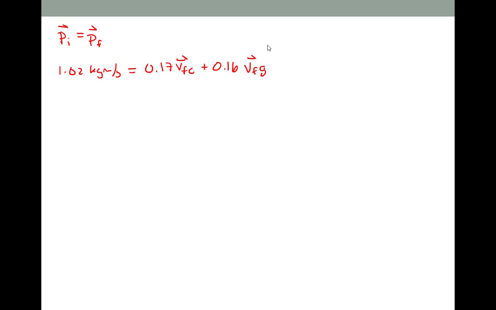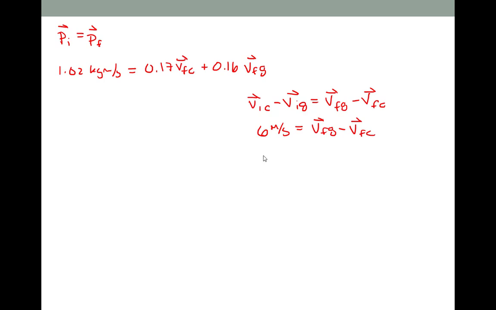And again, I'm to the point where I need my second equation. That second equation will be that the initial velocity of the cue minus the initial velocity of the 8 ball will equal the final velocity of the 8 ball minus the final velocity of the cue ball. Initial velocity of the cue ball was 6. Initial velocity of the 8 ball was 0, so I didn't even write it down.